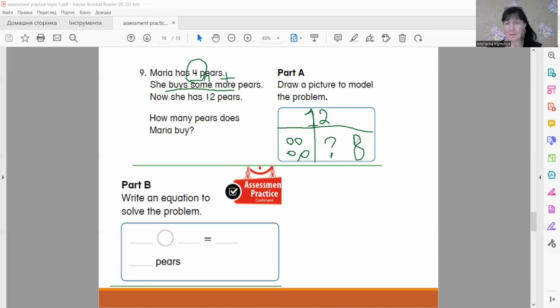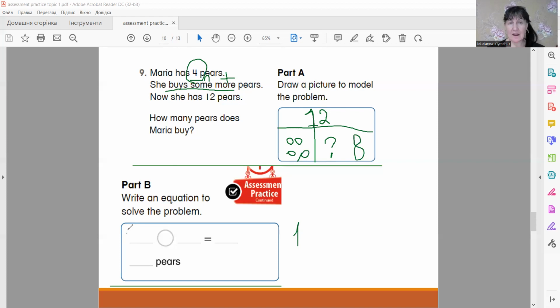This is our missing number, but this is what the picture showed us. What do we do to write the equation? We use our numbers, okay? So you may write, if you want, actually what we see.